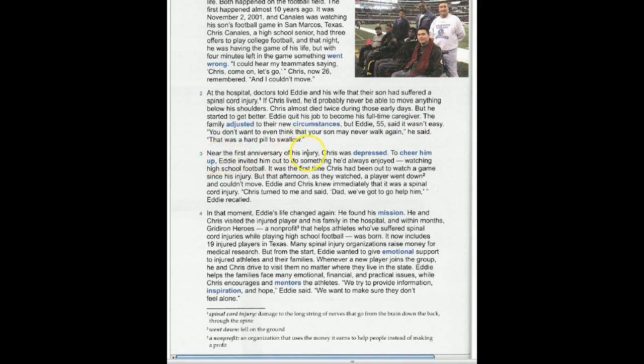"Near the first anniversary of his injury, Chris was depressed." Okay? Maybe you don't know the word depressed. So let's look at the next sentence. "To cheer him up, Eddie invited him out to do something he'd always enjoyed." Okay, so he feels one way, and then his friend takes him to do something that he enjoyed.